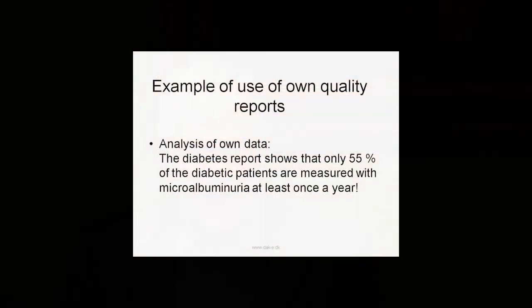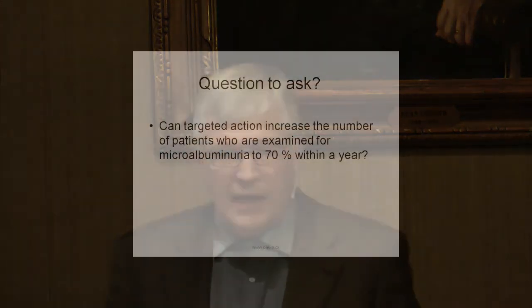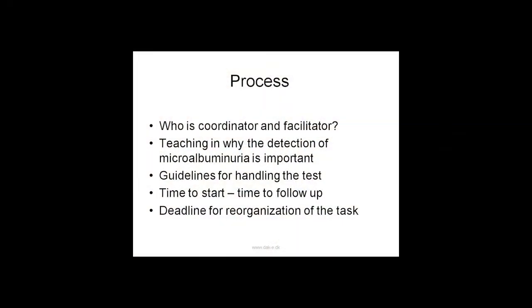An example: analyze your own data. The diabetes report shows that only 55% of the diabetes patients are measured with microalbuminuria at least once a year. The question is, can a targeted action increase the number of patients who are examined to 70% within a year? The process: who is the coordinator and facilitator of the process?